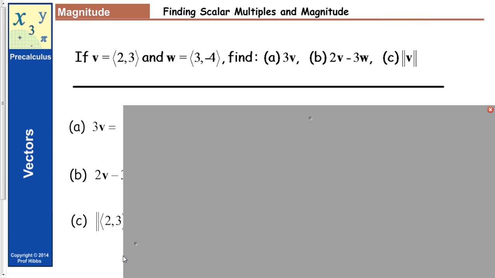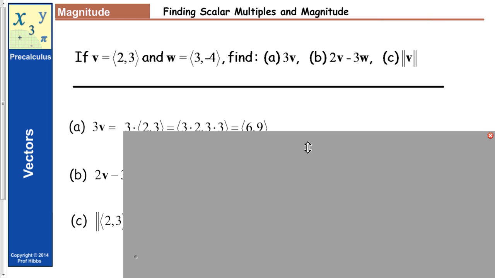Here we're asked to algebraically calculate scalar multiples and magnitude. Here are two vectors, v and w, in component form or position vector form. The first thing we're asked to do is calculate 3 times v.